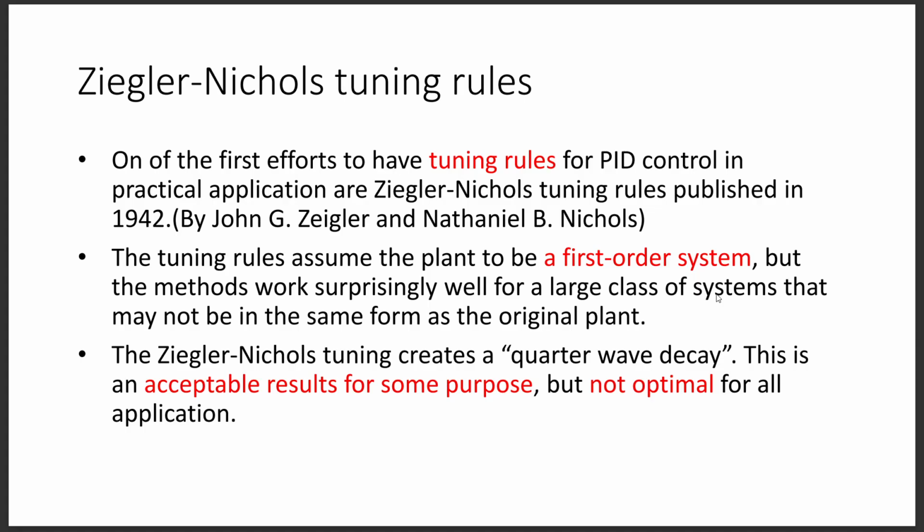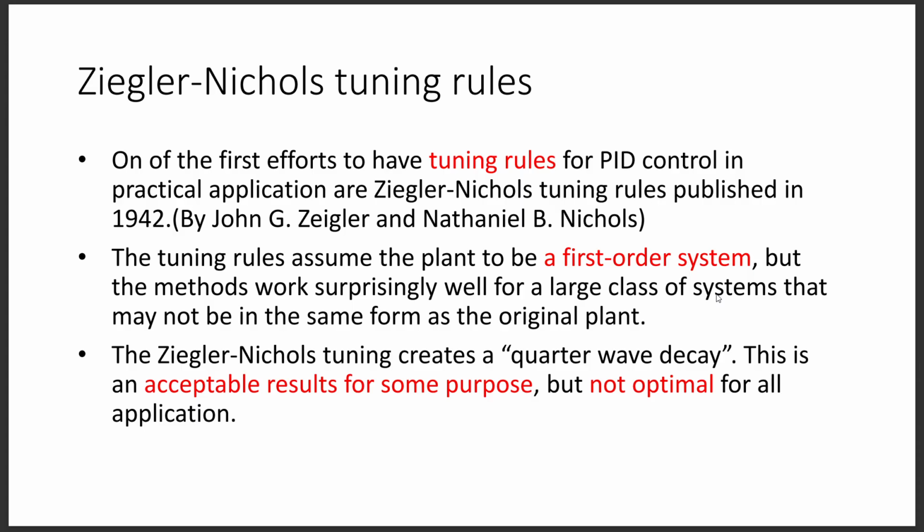Okay, so we talked about PID controllers and why we use them. Now, how do we design them? How would I know what the values of proportional gain, derivative gain, and integral gain should be? Two guys, Ziegler and Nichols, John Ziegler and Nathaniel Nichols, in 1942, published a paper from industry and what they experienced in industry.